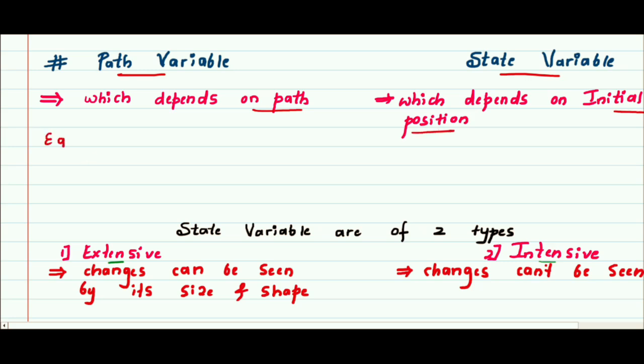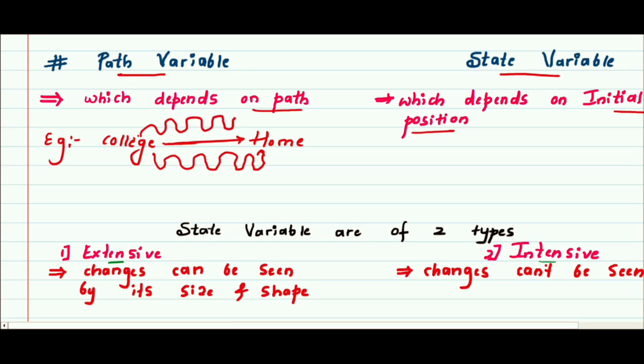If we check a day-to-day life example, say we are going from college to home. Here it depends on the path, like how you are going, whether you are taking a shortcut or a long route, or whether you go to a temple first and then to the college and then to the home.